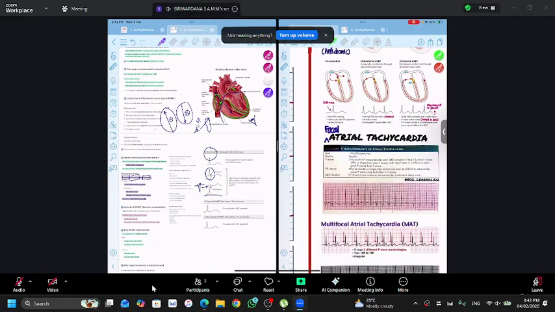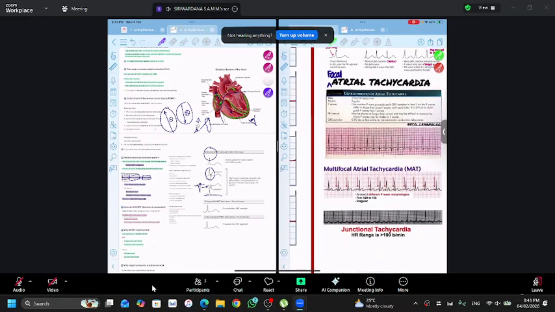Atrial tachycardia, focal atrial tachycardia. Remember we talked about that during atrial. There the QRS complexes will be narrow. P-wave morphology will be a little bit different because that's coming from ectopic atrial foci. In multifocal atrial tachycardia, the P-wave will be abnormal in every single beat, because there will be at least 3 different P-wave morphologies.